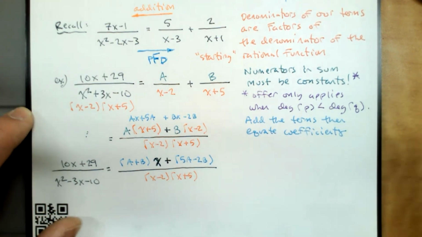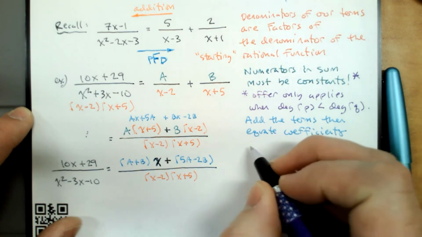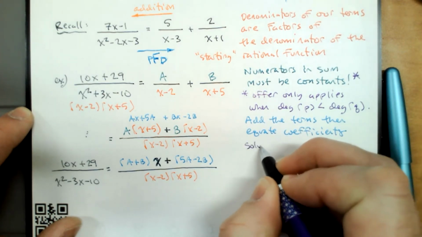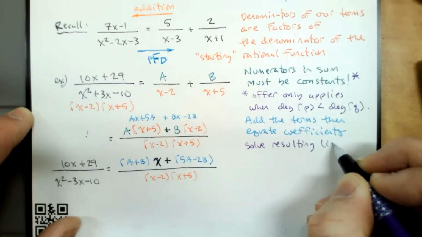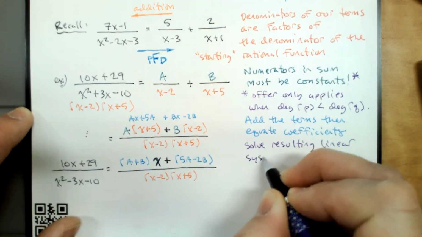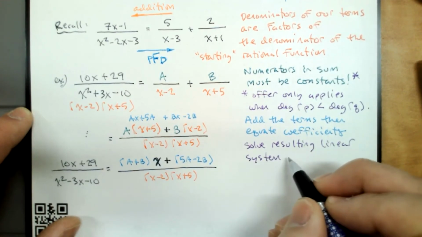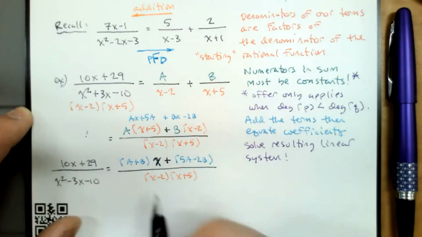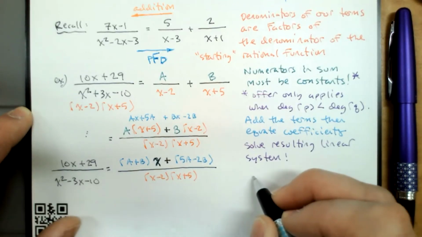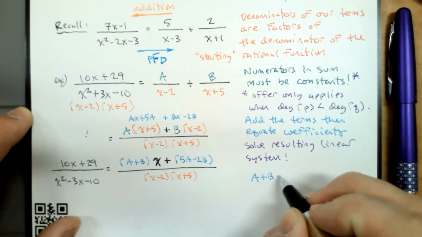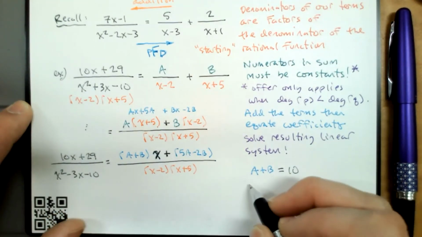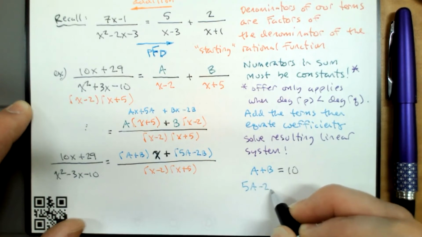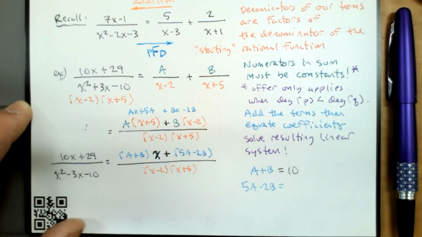So we end up with the system of equations. A plus B is equal to 10, from the x coefficients, and 5A minus 2B is equal to 29.